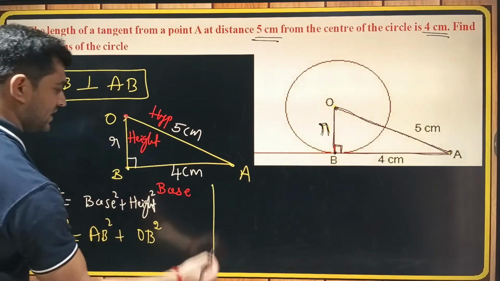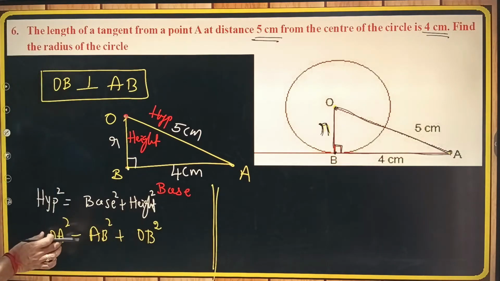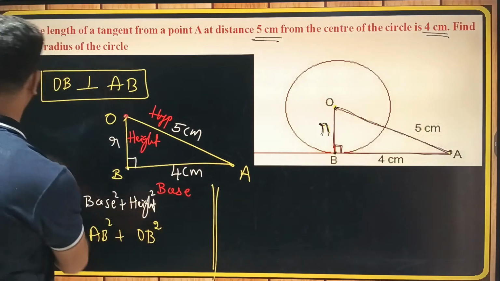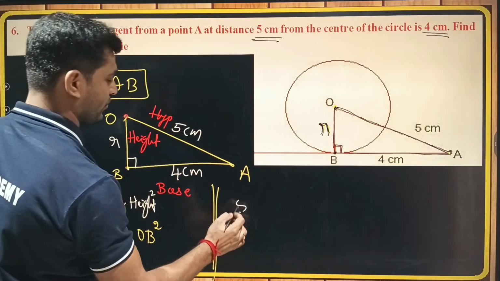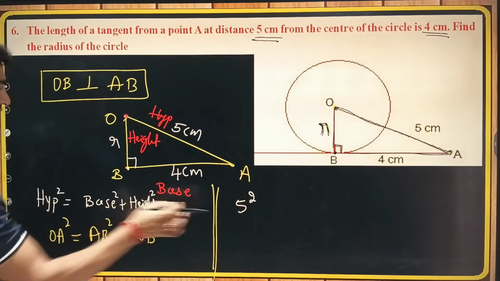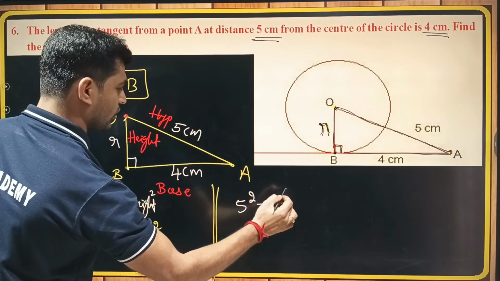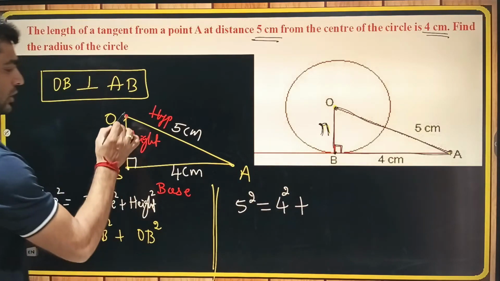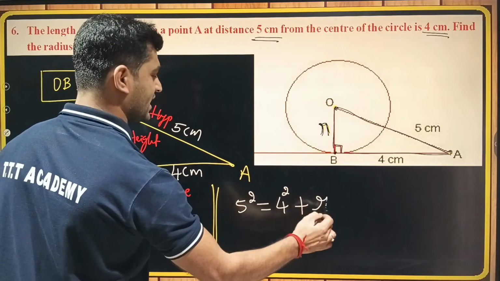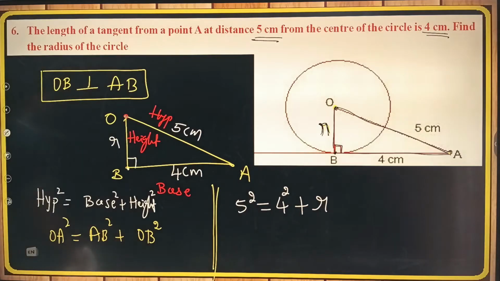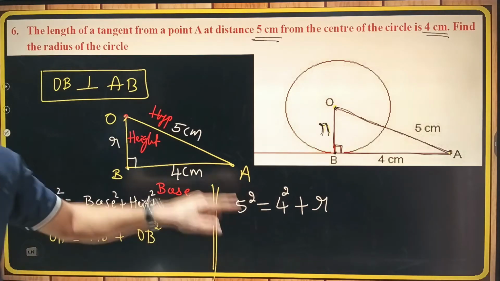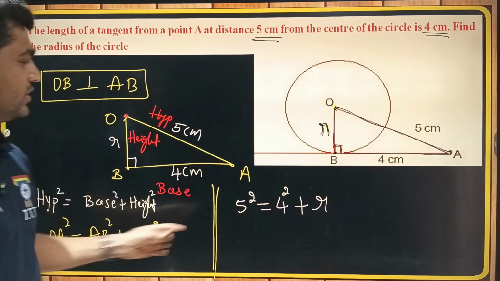Now dear friends, let's continue here. What is OA? OA is 5 centimeter. So let's take 5 square. Then AB is 4 square, plus OB, where OB is the radius of the circle. I have taken this as R.